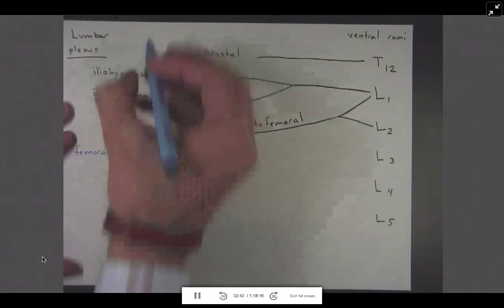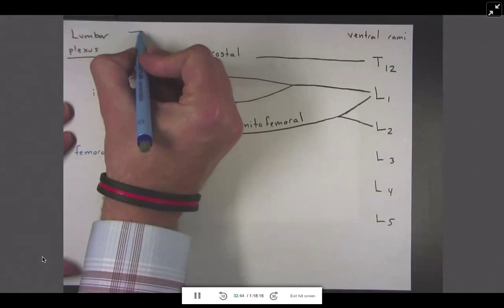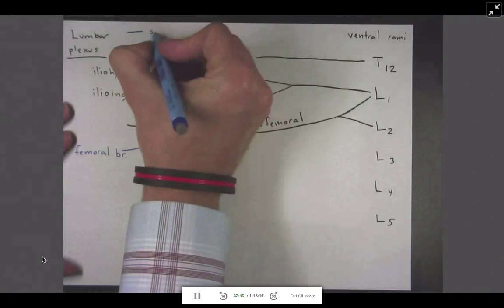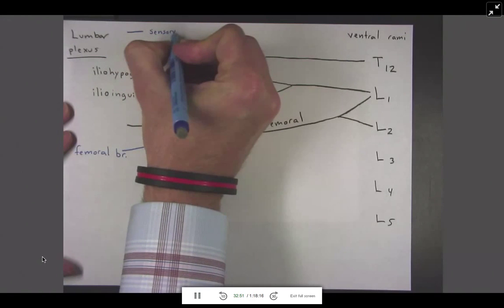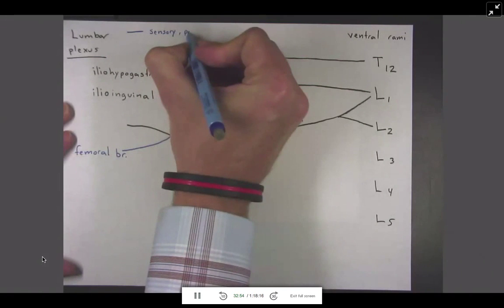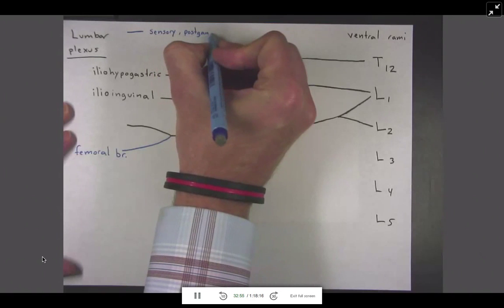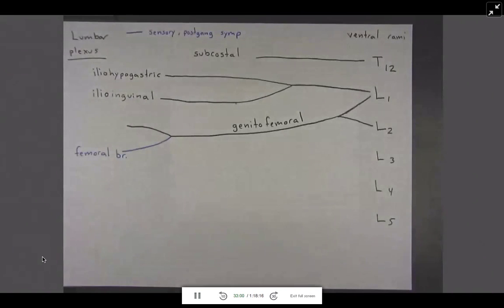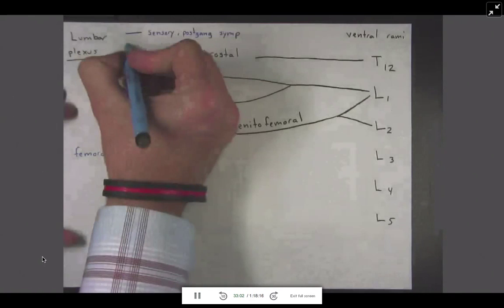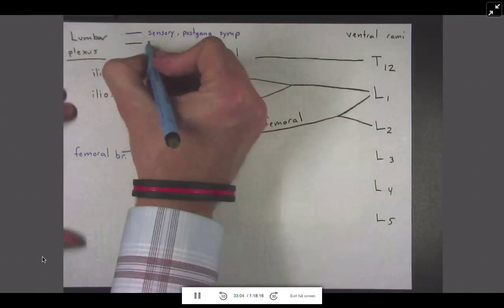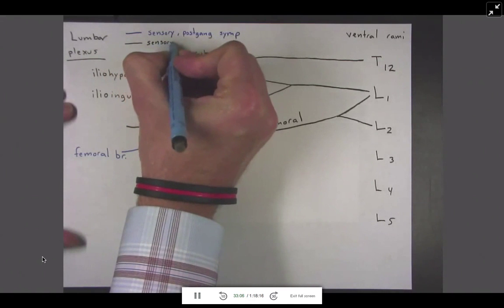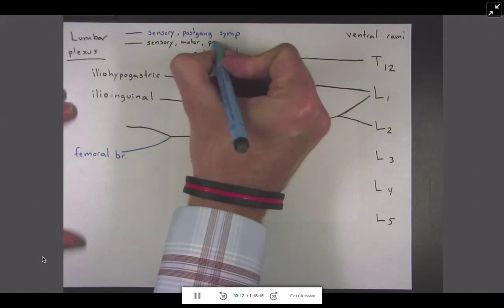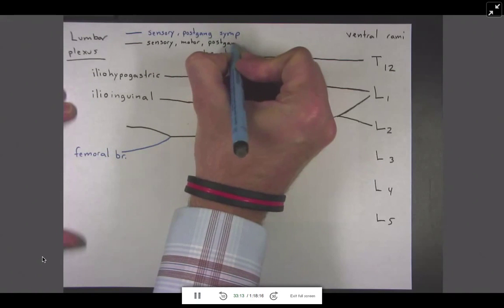Okay, so let me kind of make a legend up here for you. Anything in blue is sensory, as well as postganglionic sympathetic. Anything that we draw in black, sensory, motor, and postganglionic sympathetic.